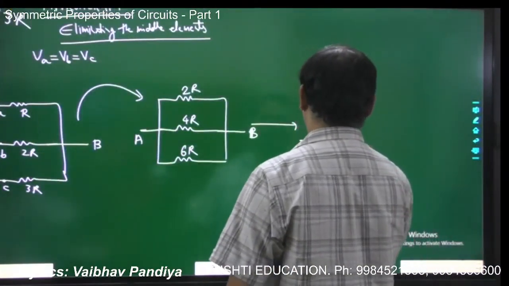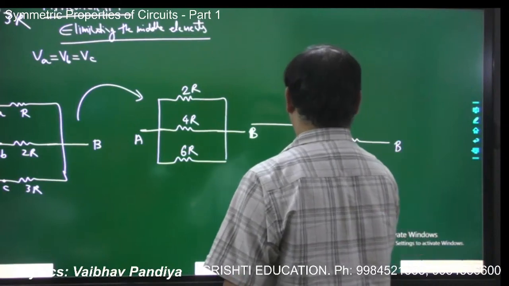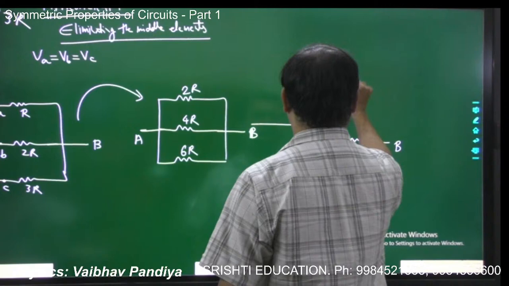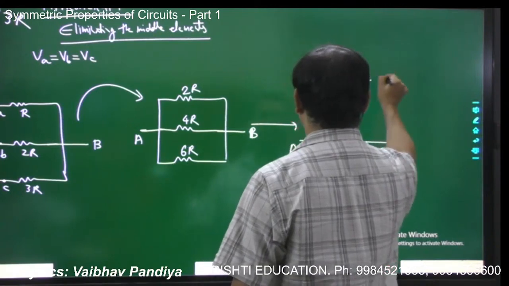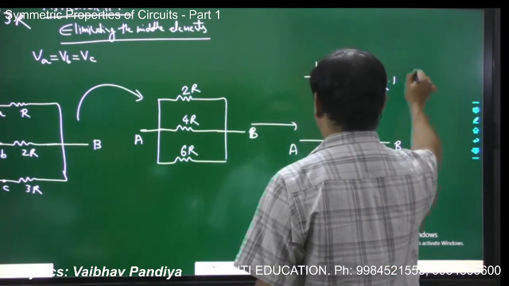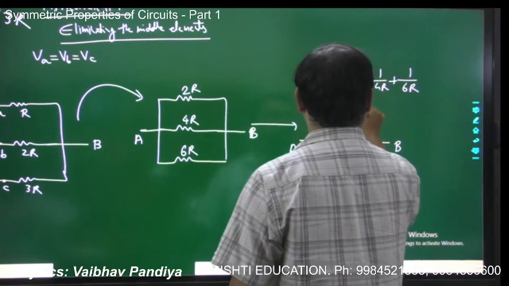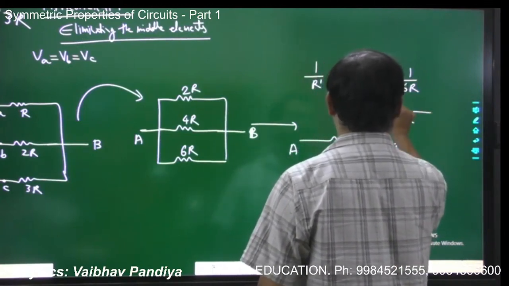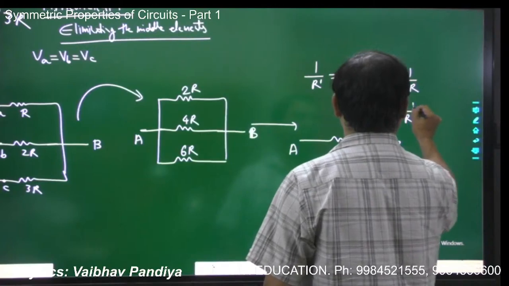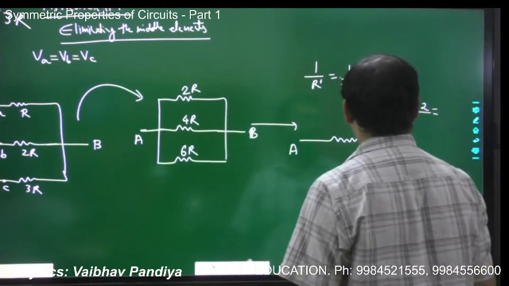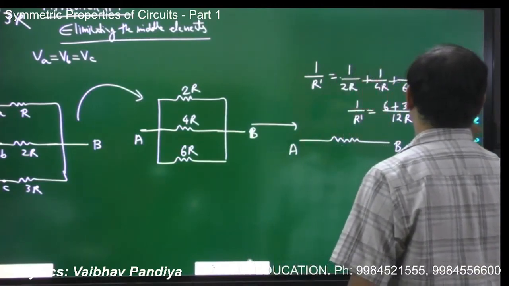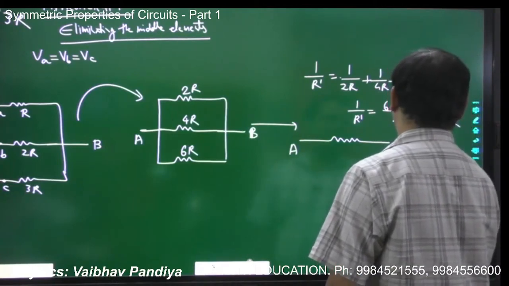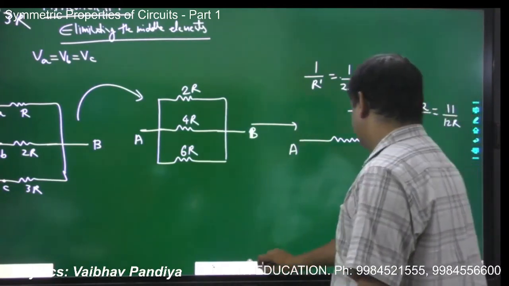The equivalent will be: 1 by R dash equals 1 by 2R plus 1 by 4R plus 1 by 6R, correct? The LCM is 12R, so I'll get 6 plus 3 plus 2, that is 11. We get 11 by 12R. So R dash will come to be 12R by 11. That is your answer, correct?